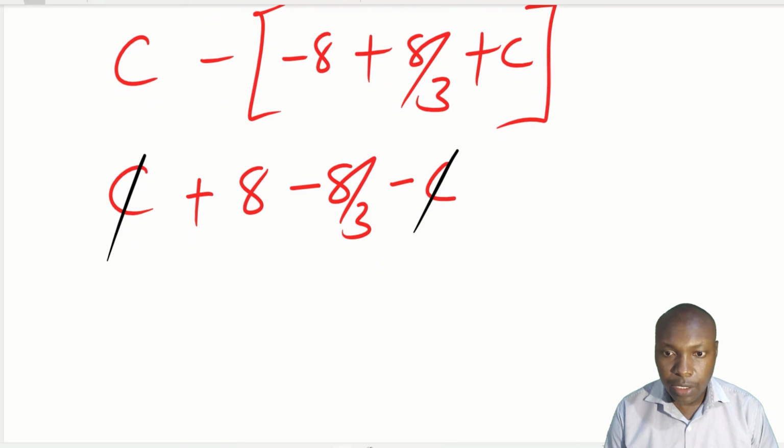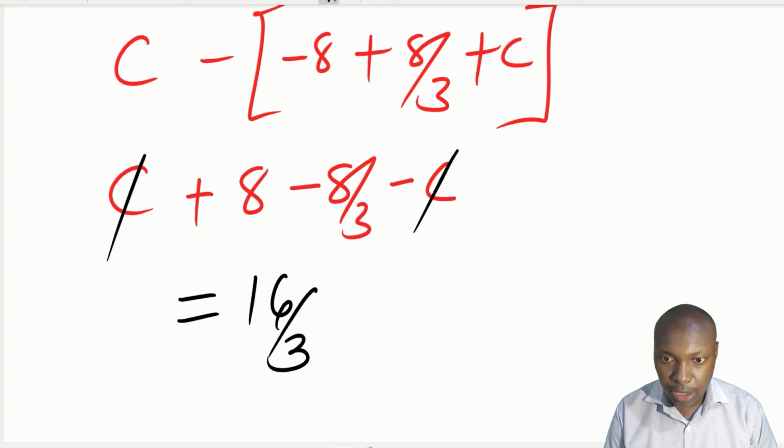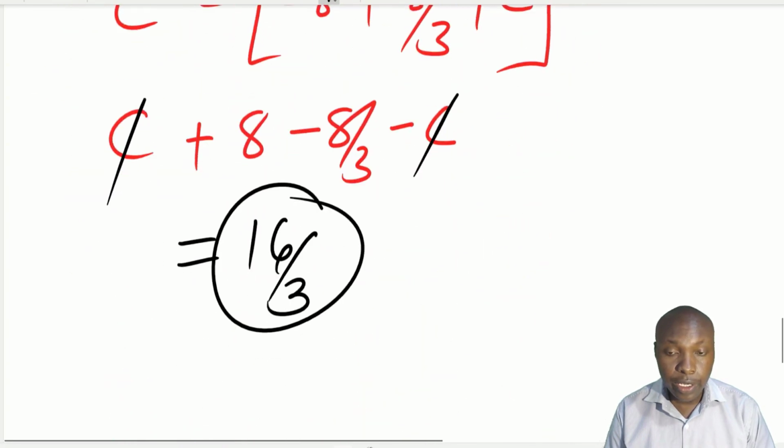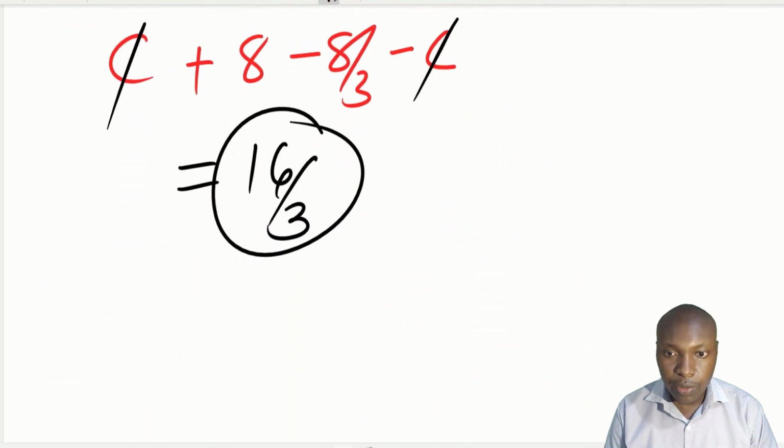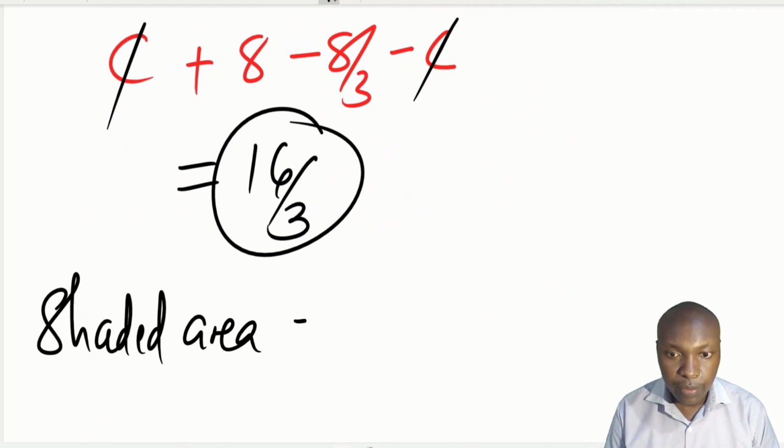Then 8 subtract 8 over 3 gives 16 divided by 3. That is what you get. Now that is the shaded area above the x-axis. So we have to add the shaded area below the x-axis to get the entire shaded area.